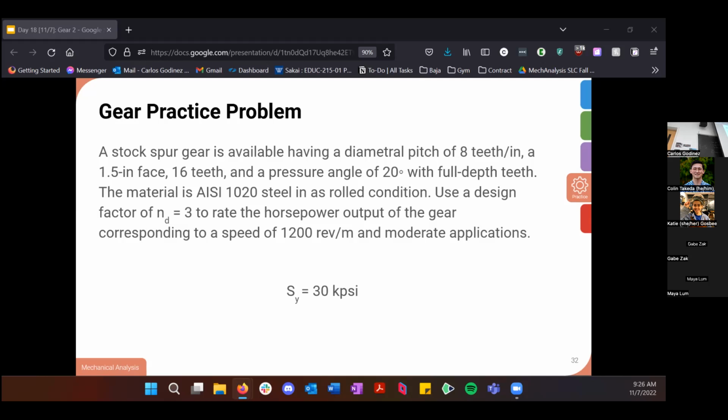So here you have the diameter. You're going to go back to that equation.